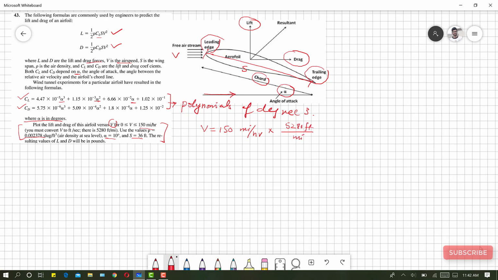So in our MATLAB code, what we will do, we will write 150 multiplied by 5280. So the resulting velocity will be in feet per hour.